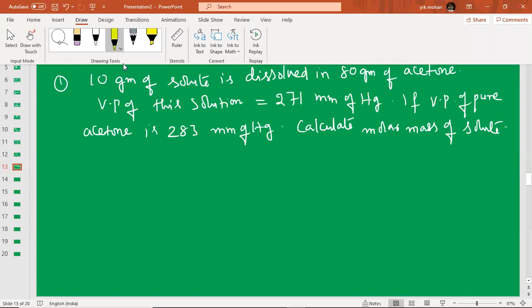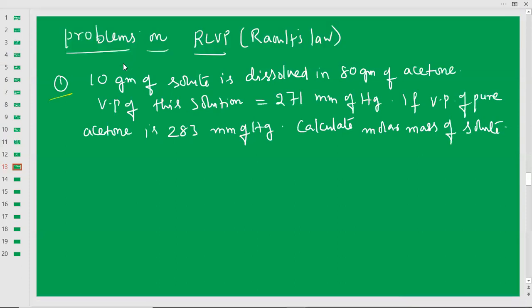Once again, we will check the problem. What is the aim of the problem? It is finding the molar mass of solute. And they are given the mass of solute, mass of solvent, vapor pressure of solution, and vapor pressure of solvent.